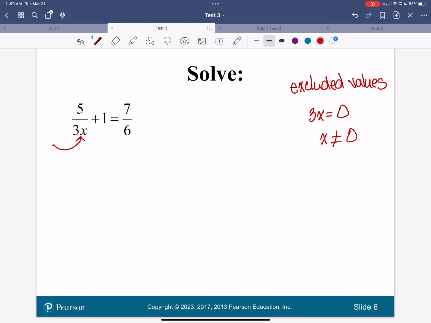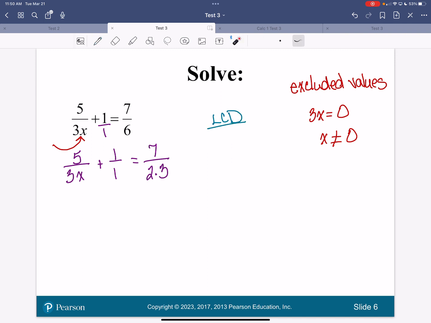Now, I've got plus 1. What can I write that 1 over? Good. Okay. So now, I'm going to rewrite this, and I'm going to have 5 over 3x plus 1 over 1, and I'm going to go ahead and write that 6 as a product of two numbers. What can 6 break down to? 2 and 3. Okay? And that's helpful when you're trying to find your LCD.